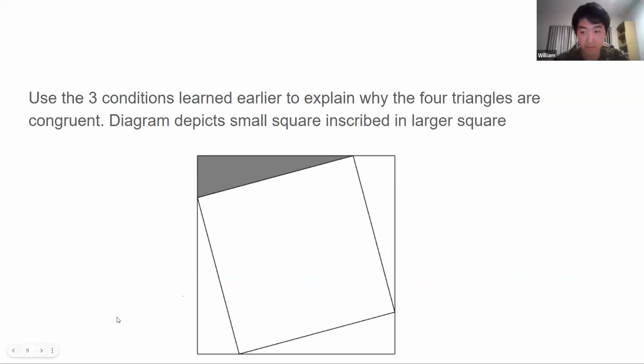So here's another problem. Use the three conditions that you learned earlier to explain why the four triangles are congruent. This diagram depicts a small square that's inscribed in a larger square. I'll give you guys like 2 minutes.